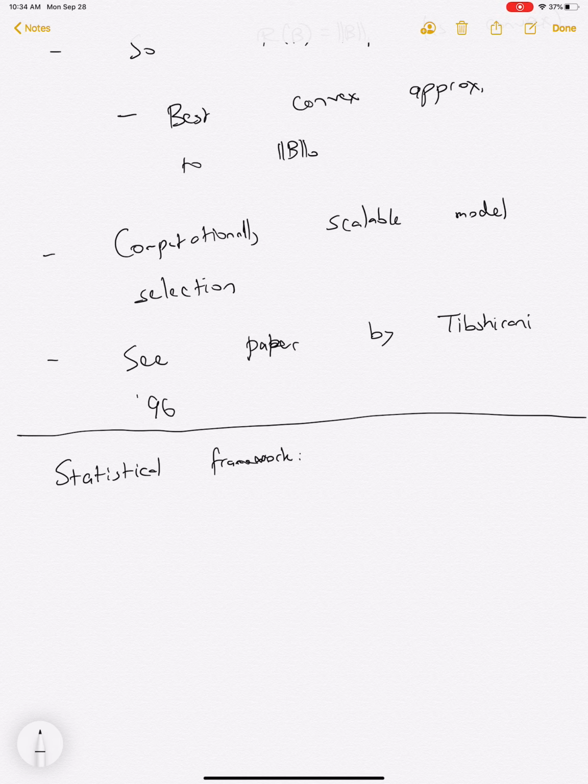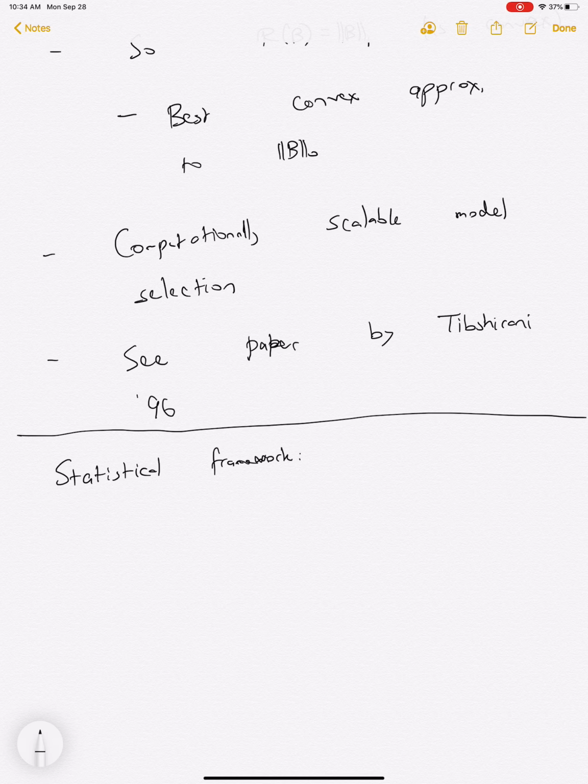But if we want to scale to hundreds of thousands, you really can't use these classical approaches. Still, it's useful to know a little bit about them.